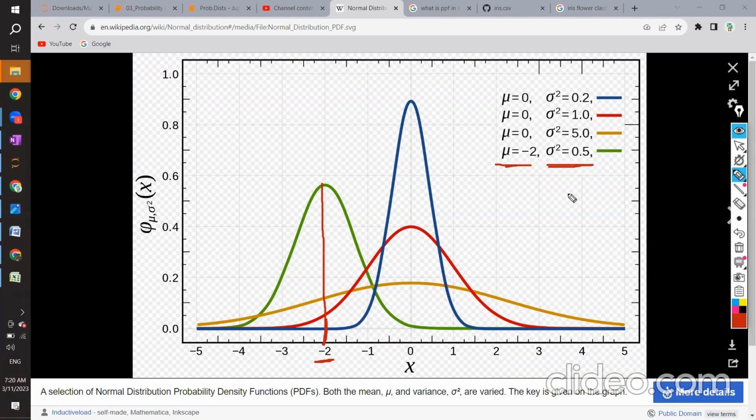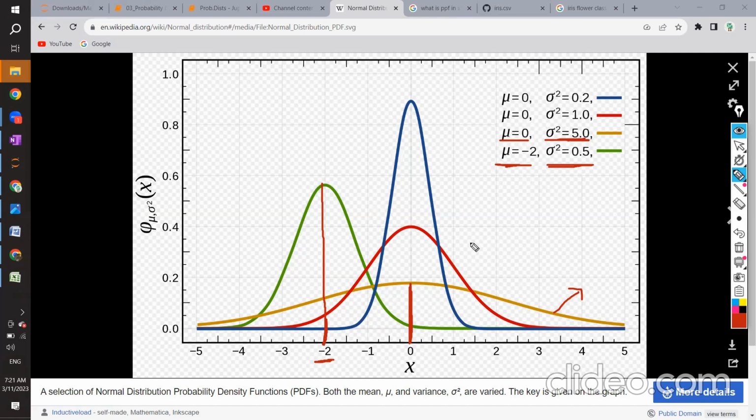Now let me take this one, let me call it orange. Only focus on the orange part. What is the mean? This one, it is 0. But what is the standard deviation, guys? 5. Very high.